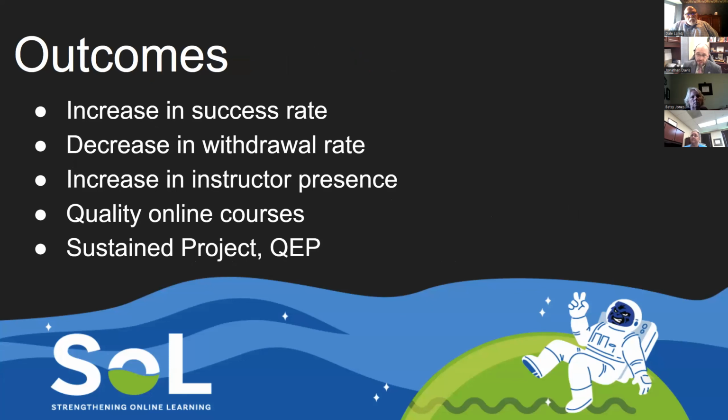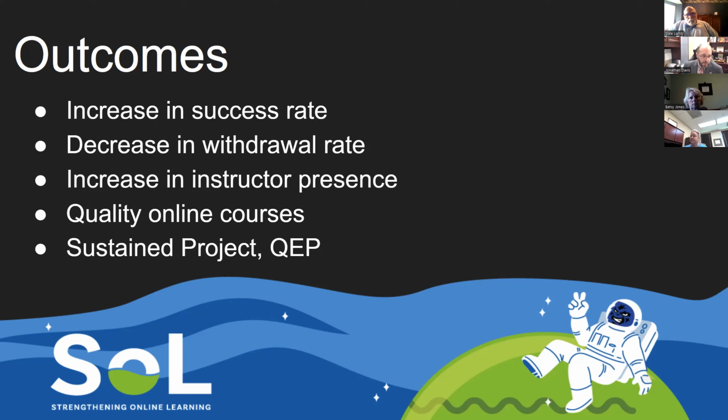So outcomes: we wanted to increase the student success rate, decrease the withdrawal rate, increase instructor presence in courses, and we wanted to develop quality online courses. We wanted a sustained project. Again, it became the QEP. What you see at the bottom was how we have branded this project moving into the QEP, SOL, or Strengthening Online Learning.